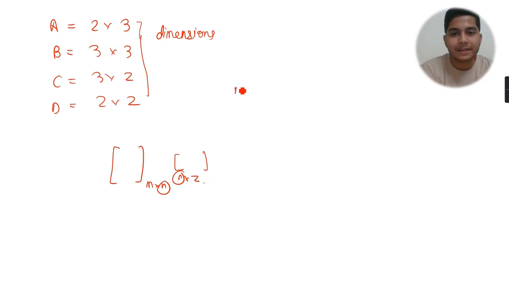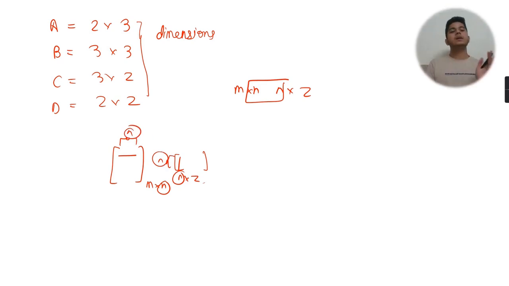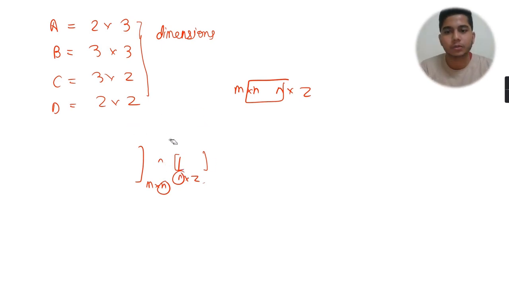Because what you're doing is multiplying this with this, so the number of n here and the number of n here must be the same for a uniform multiplication. So this is how matrix multiplication works.